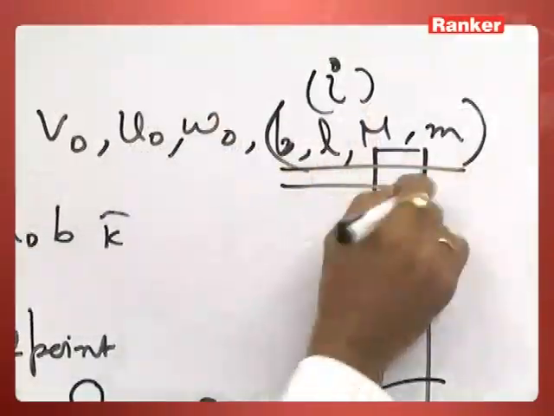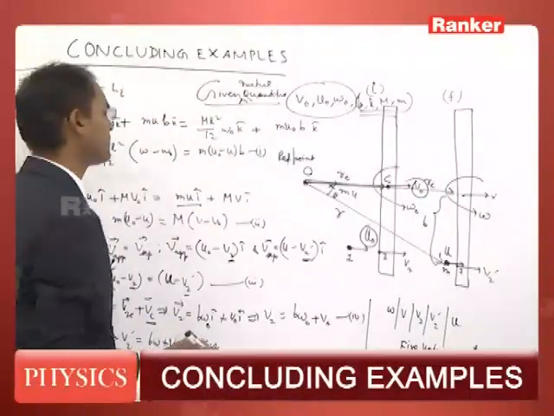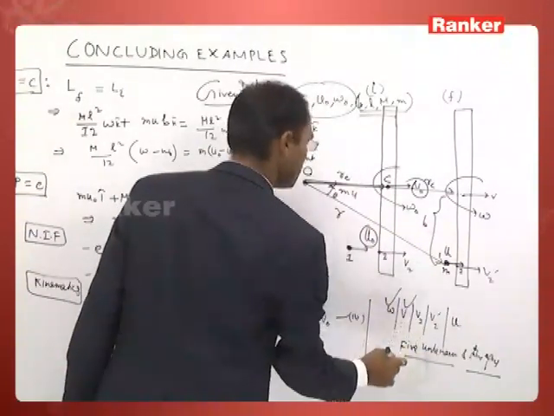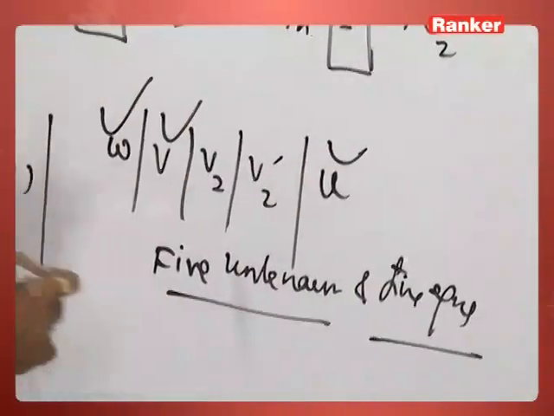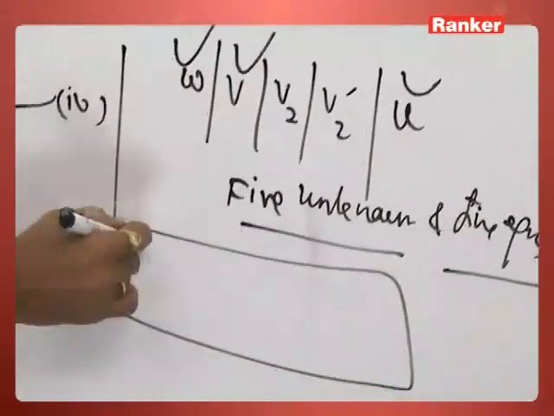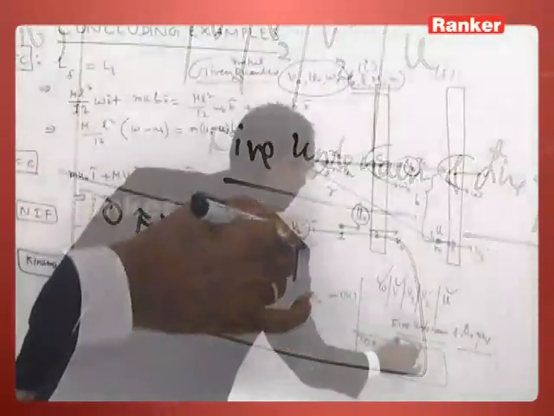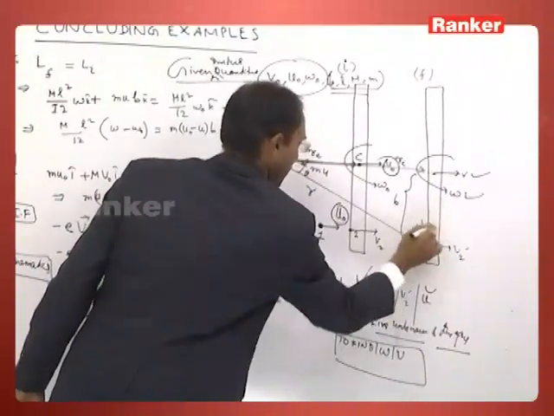These are the initial velocities, and we need to calculate the final velocities omega, v, and u.